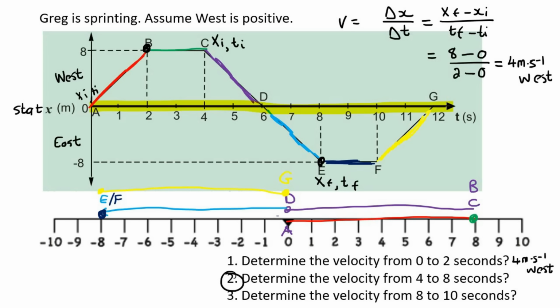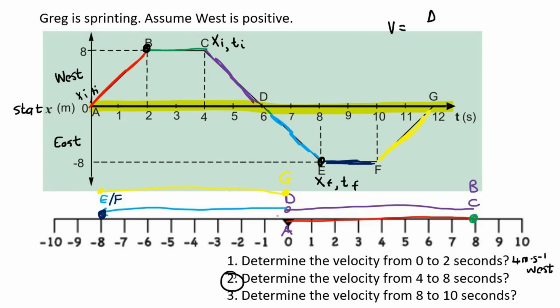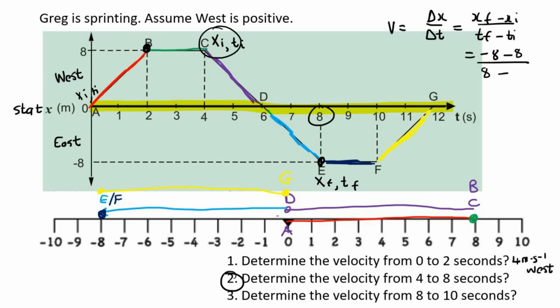If we use our formula, which is change in displacement over change in time, final minus initial over final minus initial, that's going to end up being minus 8, because that's this value over here, take away 8, divided by time, which is 8 take away 4. That's going to be negative 16 over 4, which is negative 4.